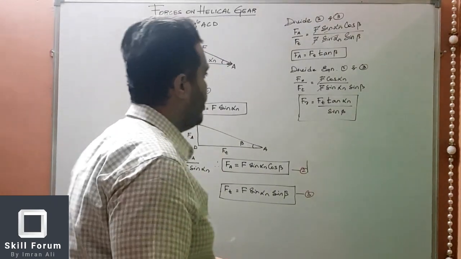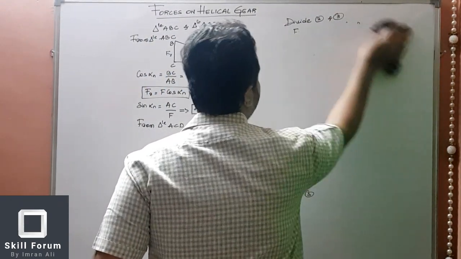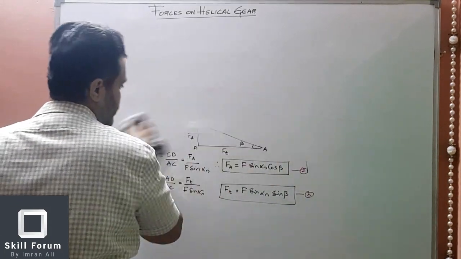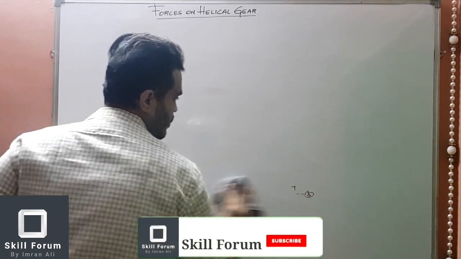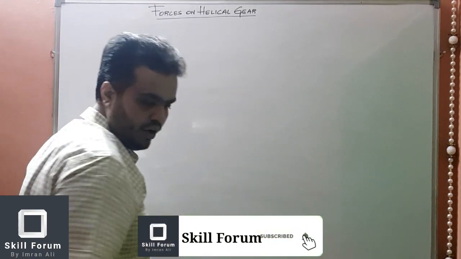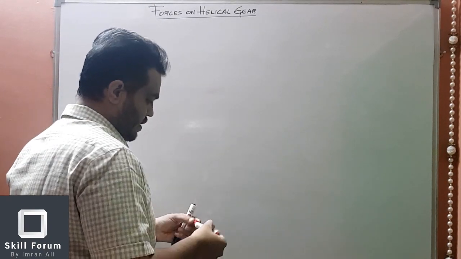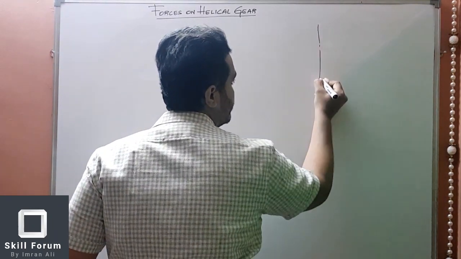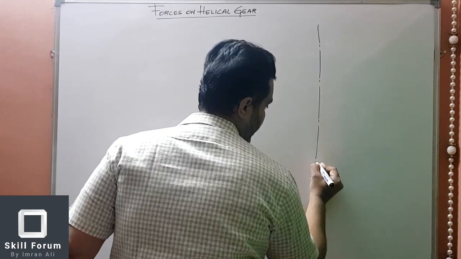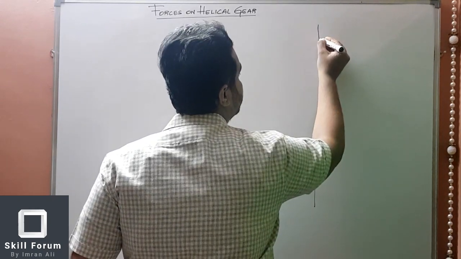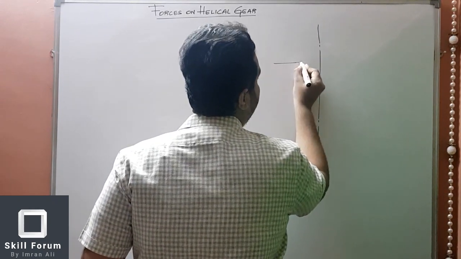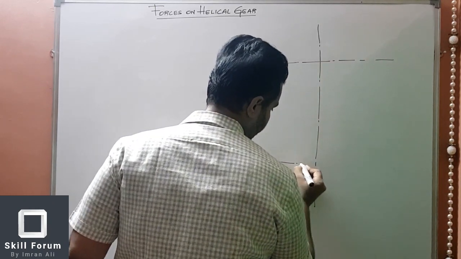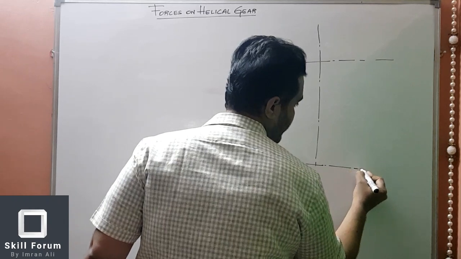So we will draw one figure. So this is a very important concept, just try to understand it. So what I will do, I will draw two shafts, okay. One is driving shaft. So here for 3D representation I am drawing here. This is the 3D representation.